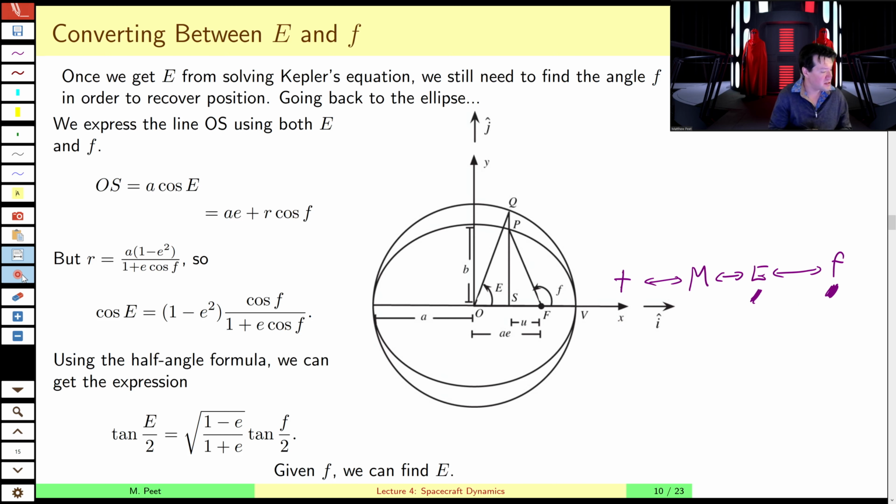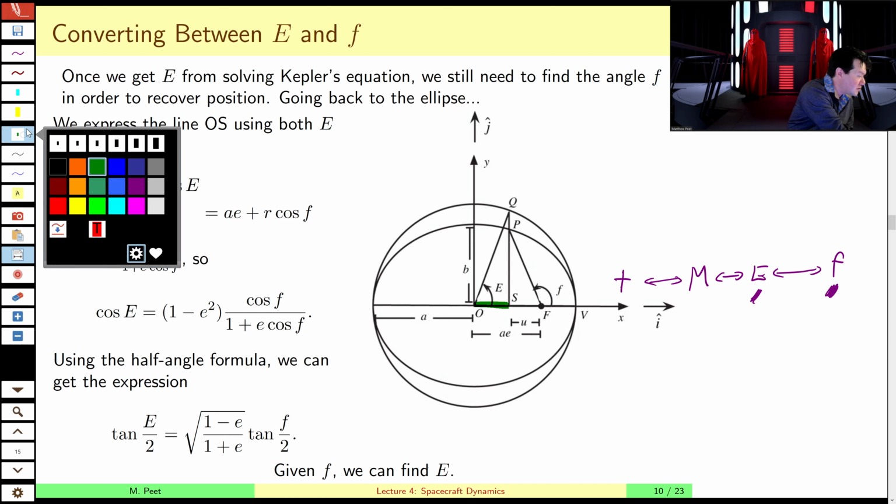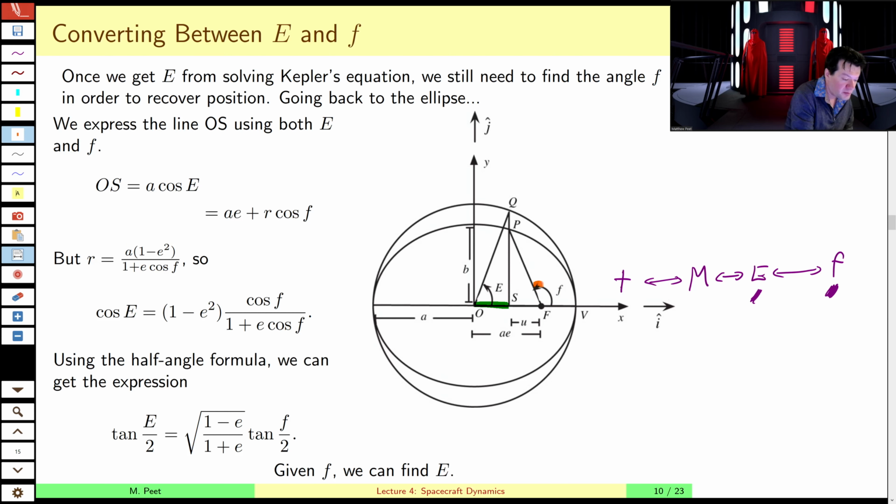How are we going to do this? We're going to do it in a way which doesn't seem promising when you first think about it, but it actually works out all right. The basic rule is we're going to take this length right here of this weird diagram, and express that same length in terms of both true anomaly and eccentric anomaly.